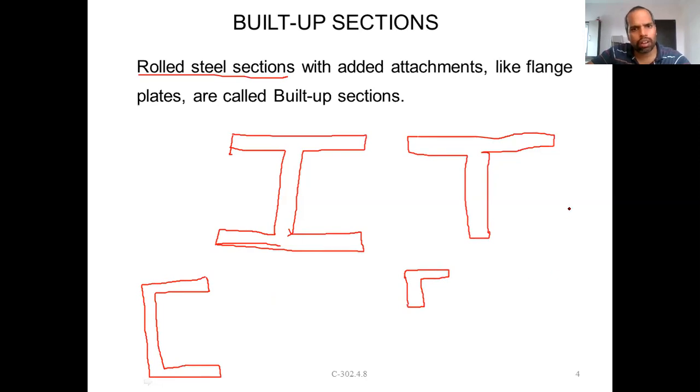Other than these, plates and flats are also steel sections, and tubular sections.